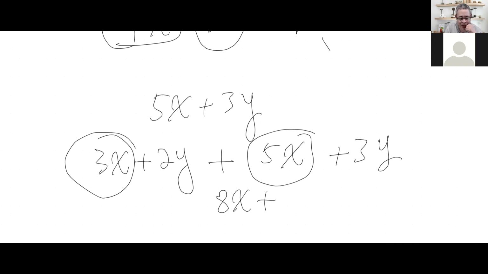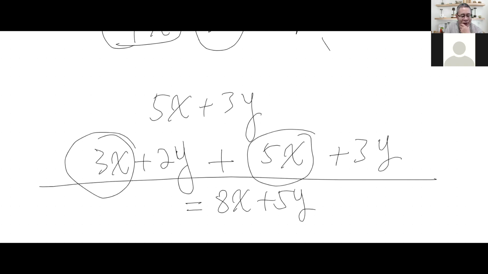So we can combine them into just 2 terms. This is as far as we can go, unless we know the value of x and the value of y. Normally when we see x and y, different letters in the same sentence, it means different things.